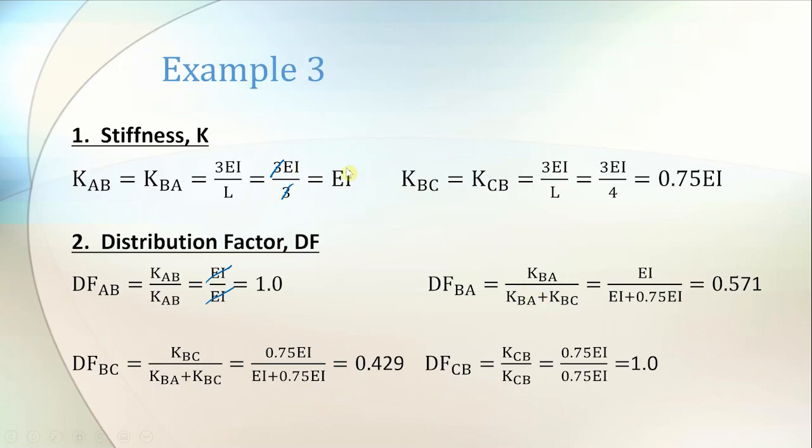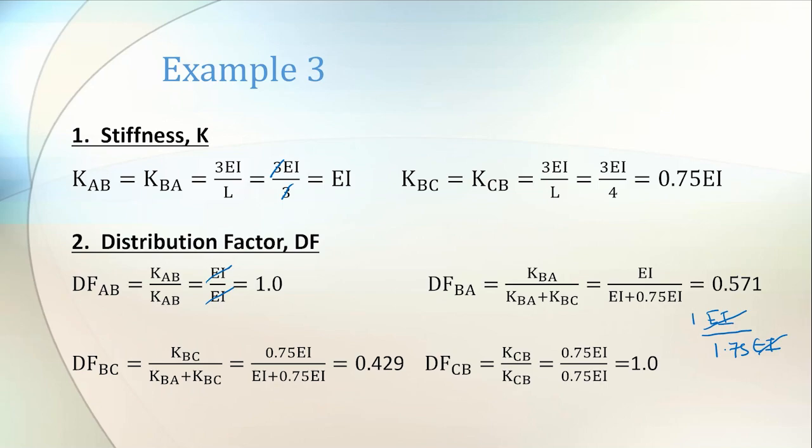KBA, you check above, it is EI, plus KBC 0.75 EI. Okay, when you add, you will get 1.75 EI. Therefore you will get 0.571.